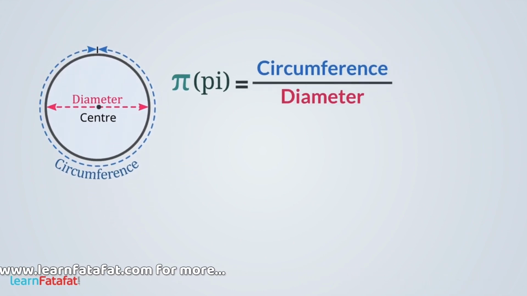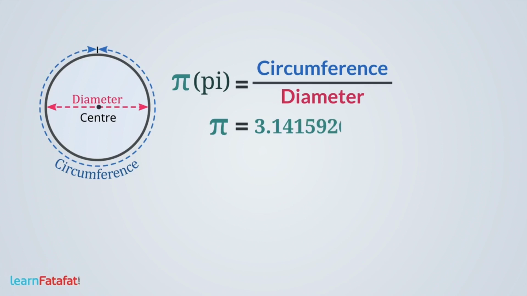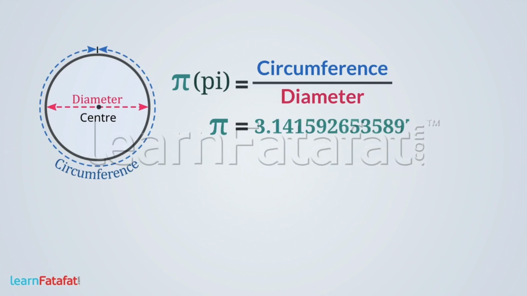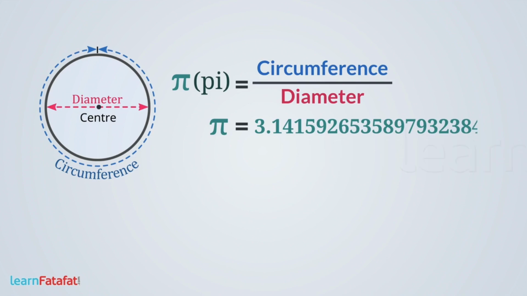It is pi equals 3.1415926535897932384 and so on. You won't see any pattern of repeating digits like we observed earlier. Such a number cannot be represented exactly in p by q form, so this is not a rational number.